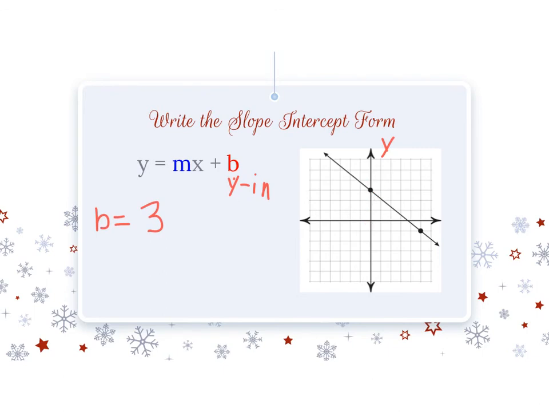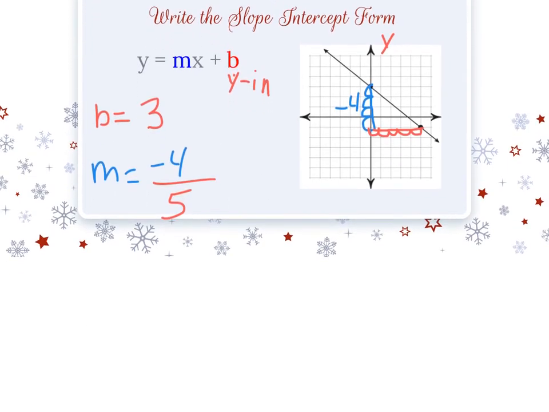And now, just like we found the slope from a graph, I'm going to do that with the 2 points that are given to us. So our m value, the change in our y values here, is 1, 2, 3, 4. That's a negative 4 because we're going down. And then to go over, that's 1, 2, 3, 4, 5, over 5. And since we cannot reduce that, that is our slope.